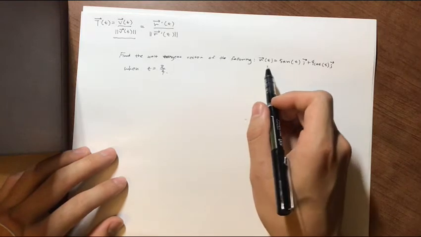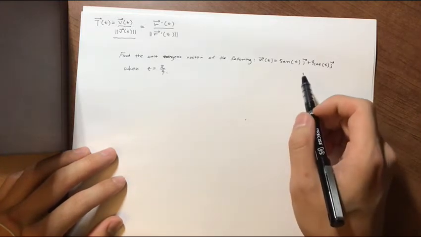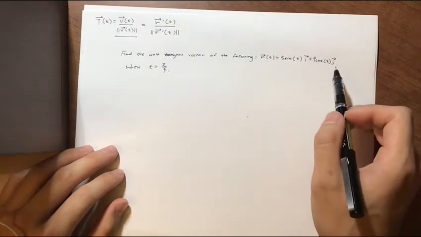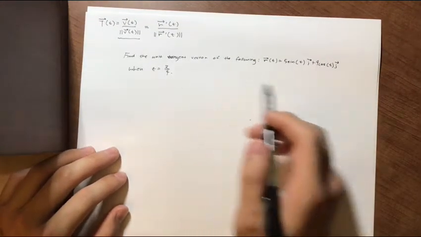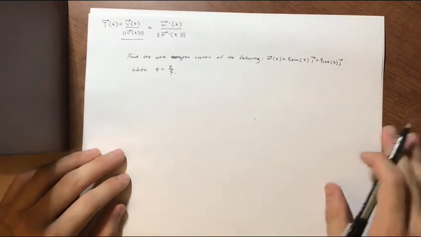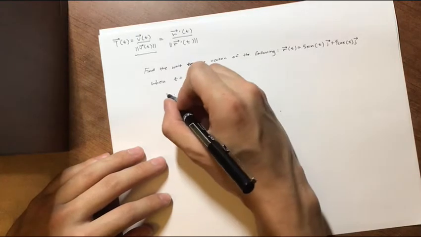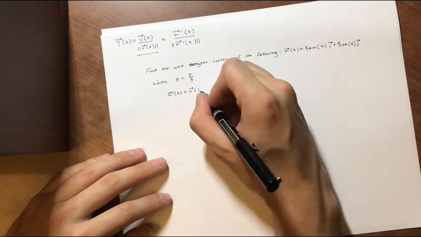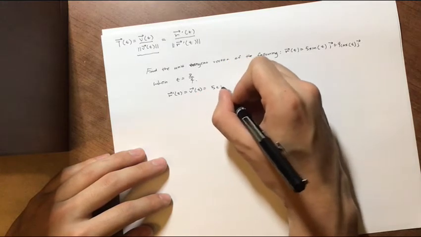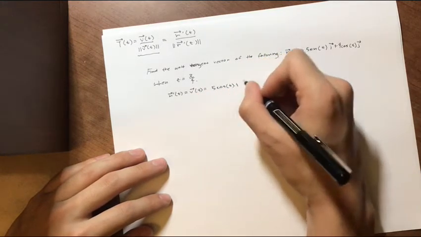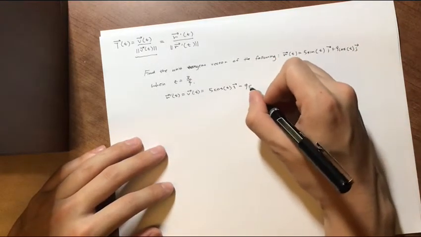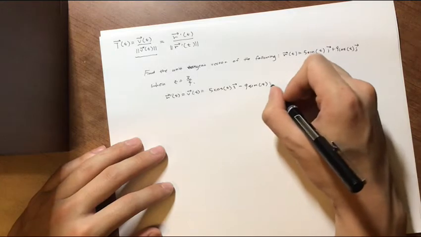The position vector is 5 times sine of t in the i component plus 9 times cosine t in the j component, and t equals pi over 4. Now, the first thing we have to do is take the derivative of the position vector. The derivative of the position vector, which is the velocity vector, is 5 times cosine of t, and don't forget the i's and j's, minus 9 times sine of t.